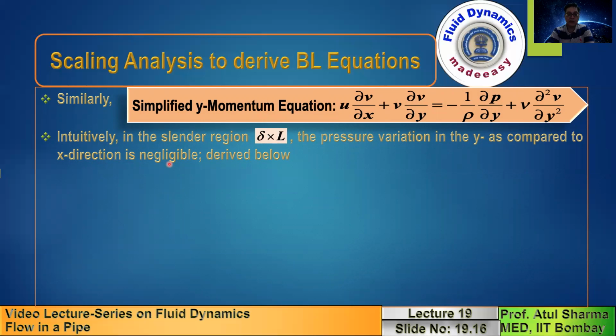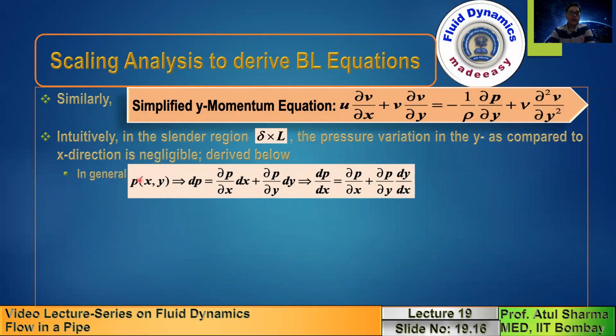This is derived below. In general, pressure is a function of x and y, so you can write dP equals del p by del x dx plus del p by del y dy. So dP by dx is given by this expression.